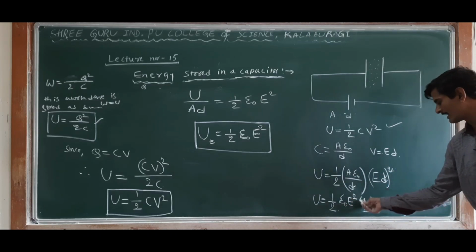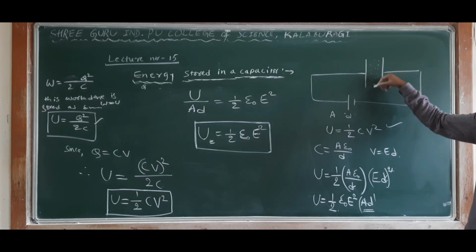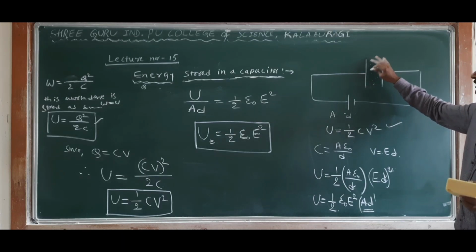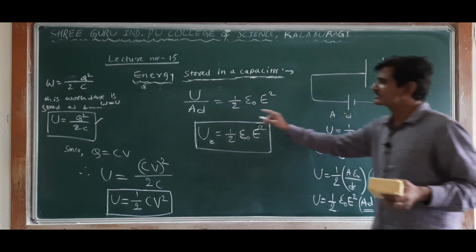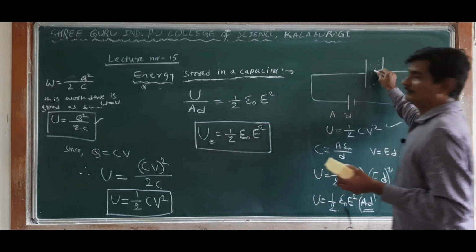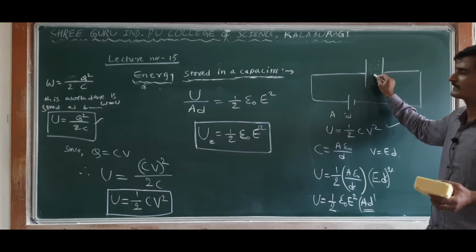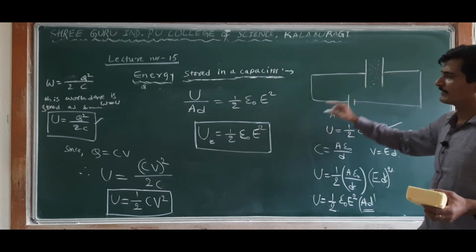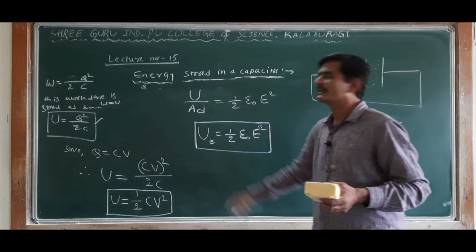AD is nothing but area into distance, that is volume. That is energy stored per unit volume of the space between the two plates of the capacitor, and that is called energy density.